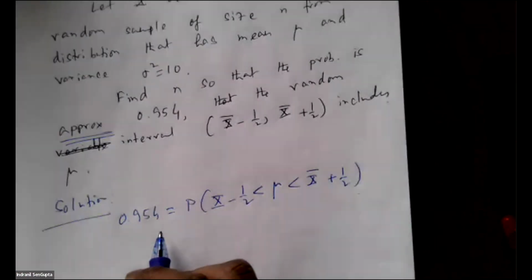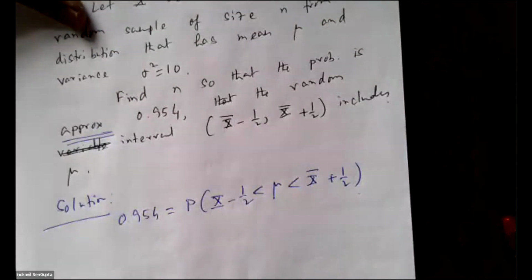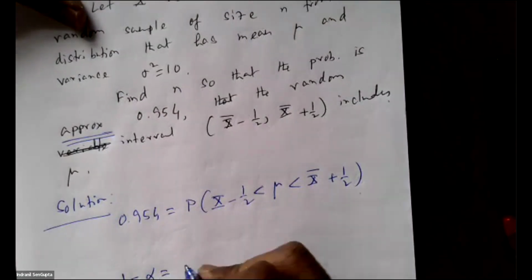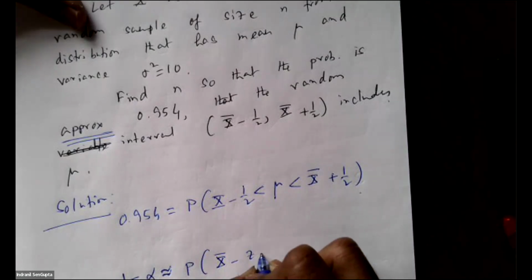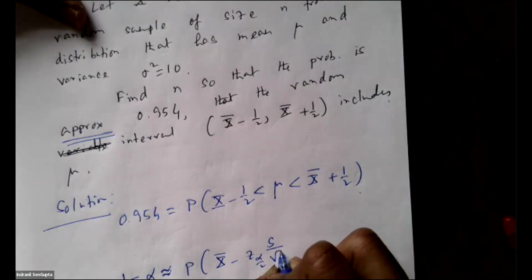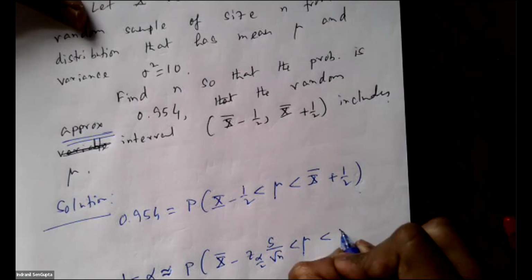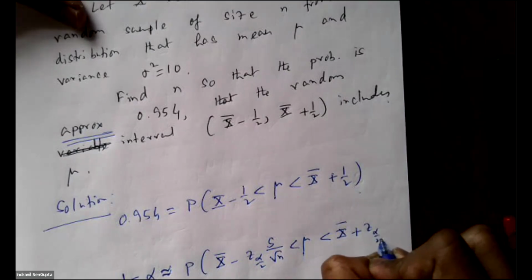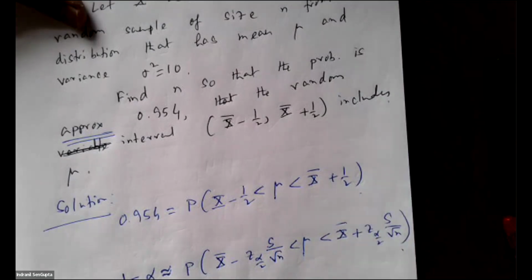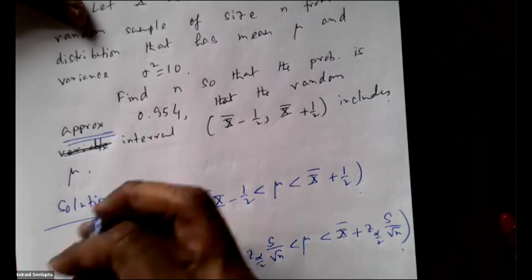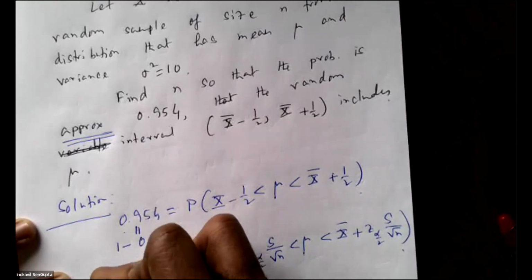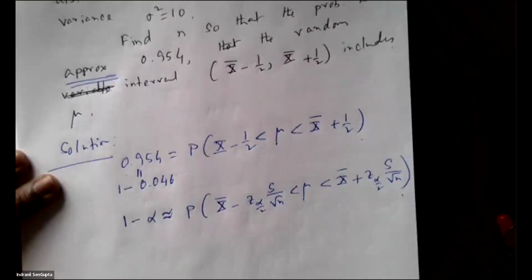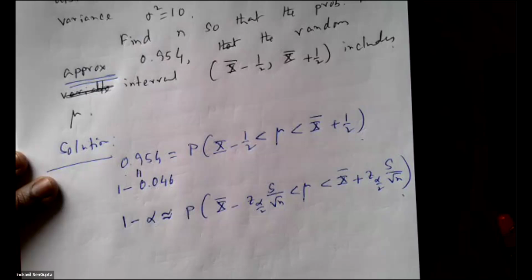We know that 1 minus alpha is approximately equal to the probability of x bar minus z of alpha over 2 times s over square root of n less than mu less than x bar plus z of alpha over 2 times s over square root of n. So we need to see some alpha. We observe that this is 1 minus 0.046, that is 0.954.